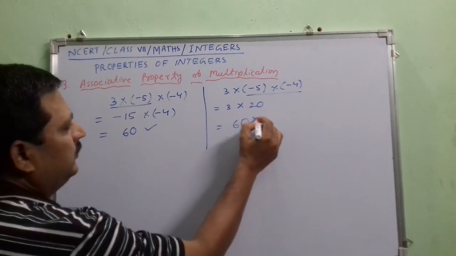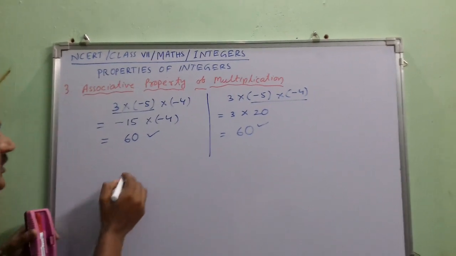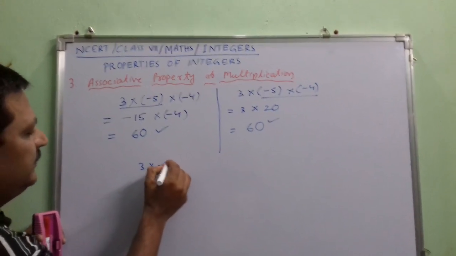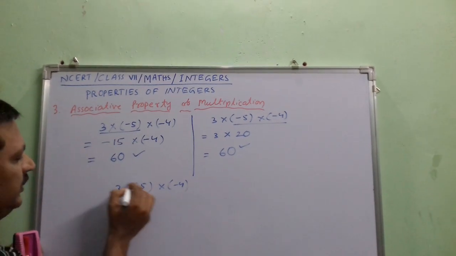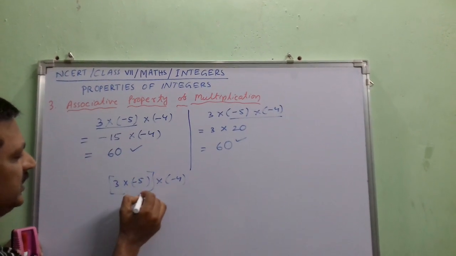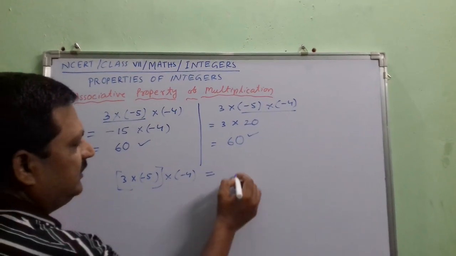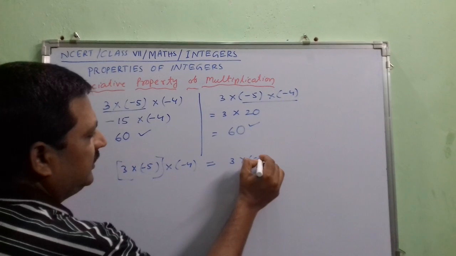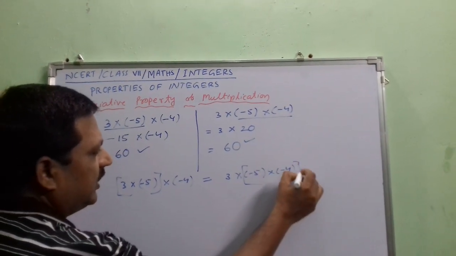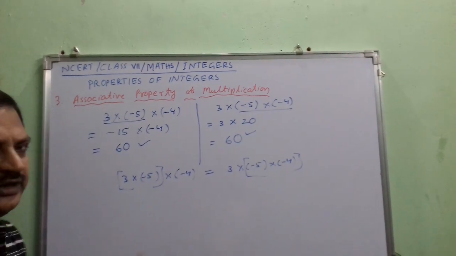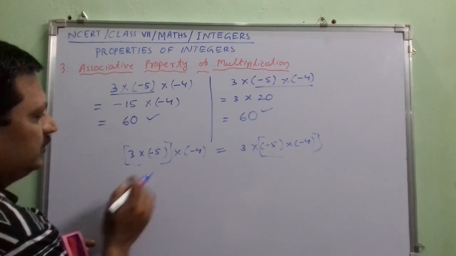Now if you look at both the results, if I multiply the first two first and then the third, it is the same as multiplying the last two first and then the first one. The result is the same in both cases.